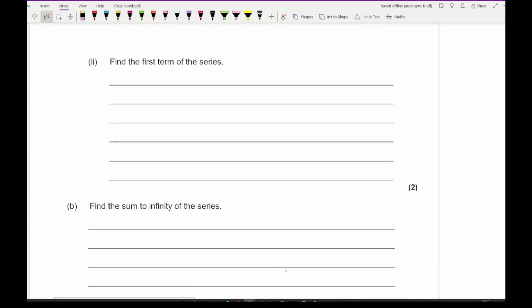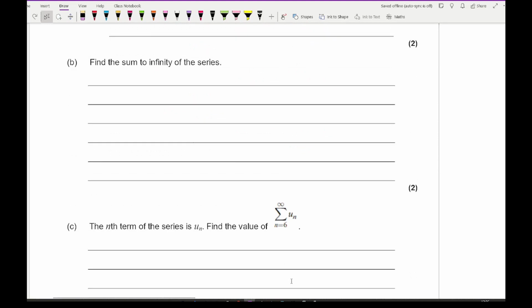Moving on to the second part, it says find the first term of the series. Well, I know that AR equals 375, and I now know that R equals 0.6. So here A equals 375 divided by 0.6. So therefore A is going to equal 625. Then it says for part B, find the sum to infinity.